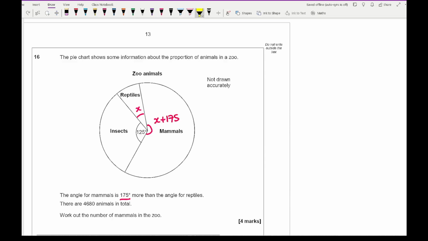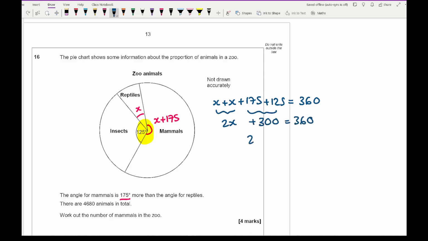Now I also know that angles around a circle add up to 360, so if I add up all of those three angles, I've got x plus x plus 175 plus 125, that equals 360. Now simplifying this, I get 2x, simplifying this I get 300, in which then I can work out what x is, and x is 30.